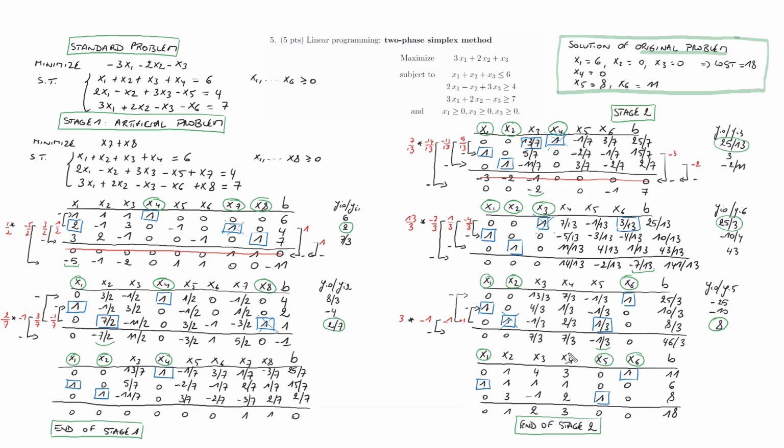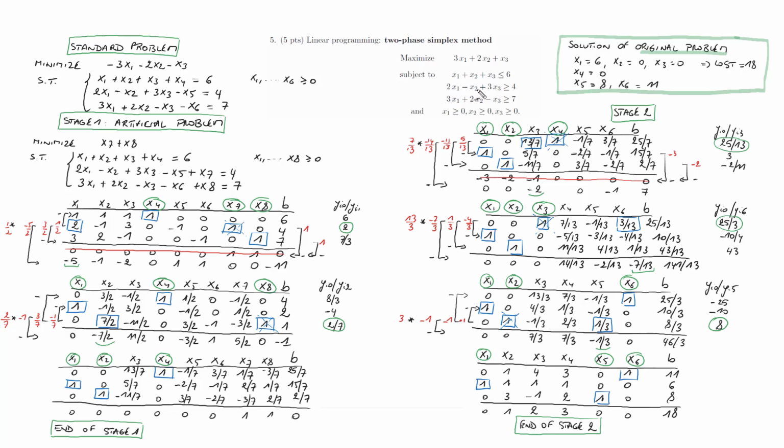We see that x4, which is the slack variable, is non-basic, so it's 0. And indeed, if you plug in the solution in here, you'll have 6 on one side and 6 on the other side. So indeed, there is no slack. The first surplus variable, x5, is 8. Indeed, if you plug in the solution over here, you'll have 12 and here 4.